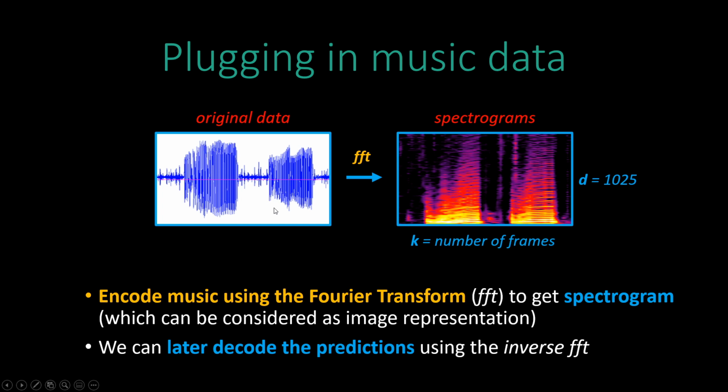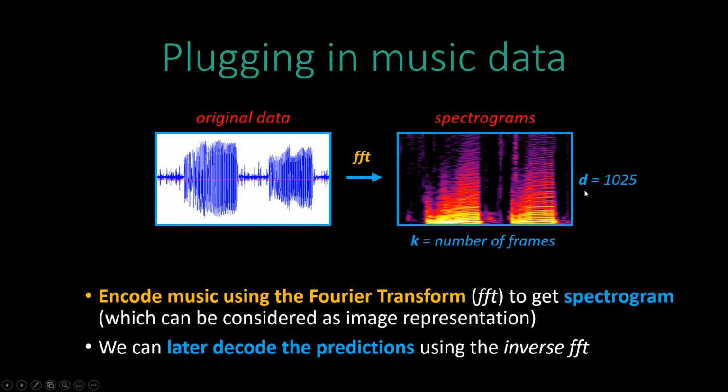So we use a spectrogram representation, which uses the Fourier transformation, segmenting the music into various bands, with the frequencies on this axis and time on this axis. It's a sort of compression encoding that we can use to encode the music data as a sort of image representation.